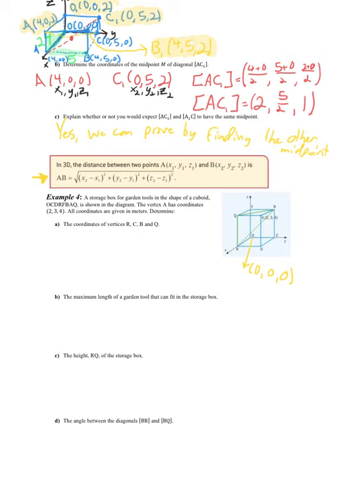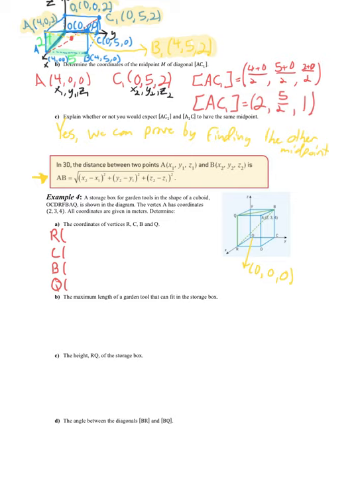So it says go ahead and label R, C, B, and Q. So go ahead and see if you guys can label those points there. Okay, R, C, B, and Q. Take a minute and label those. Take a look at these points here.